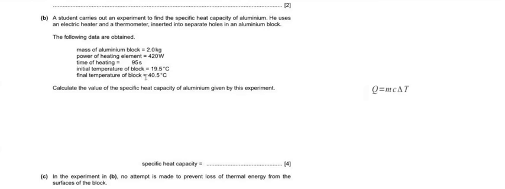Initial temperature of the block is given, that is 19.5 degrees Celsius. The final temperature of the block is given, 40.5 degrees Celsius. And we want to calculate the value of the specific heat capacity of the aluminium given by the experiment.